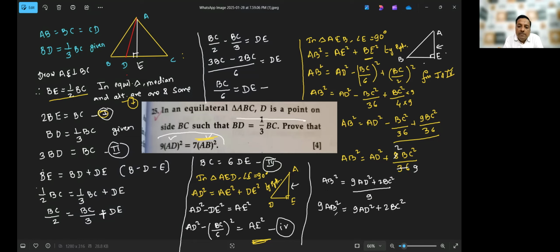अब BC है हमारे पास, BC। तो स्टूडेंट्स हम लोग ने यहाँ पे लिखा था फर्स्ट स्टेटमेंट, AB and BC are equal, so we can write 9AB square is equal to 9AD square.